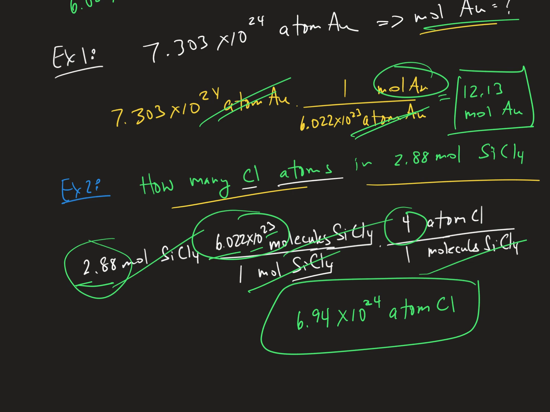All right. So like I said before, we can't measure moles in the lab. So we're going to have to convert moles to grams or grams to moles. We measure grams in the lab and we convert it to moles so that we can do some calculations.